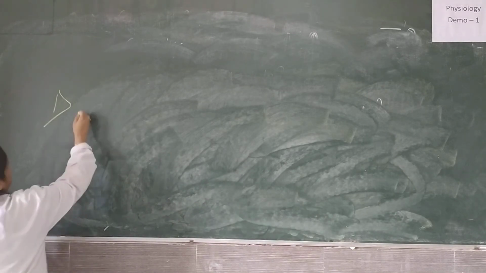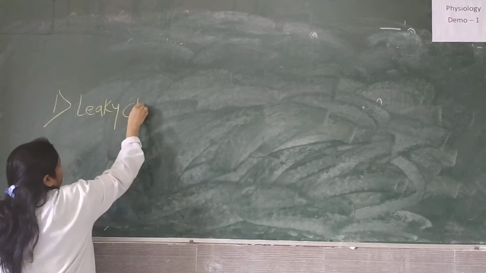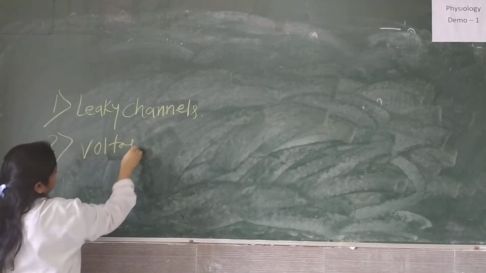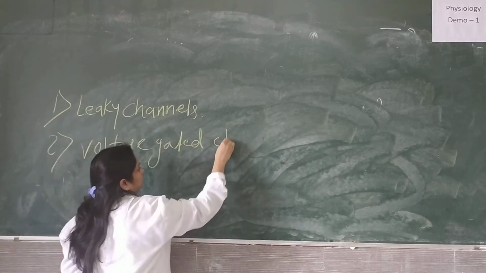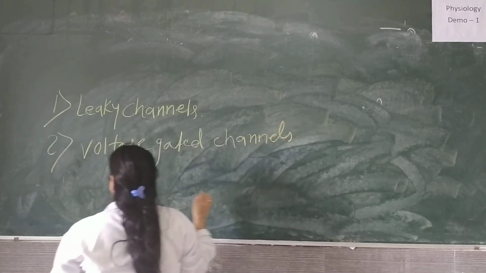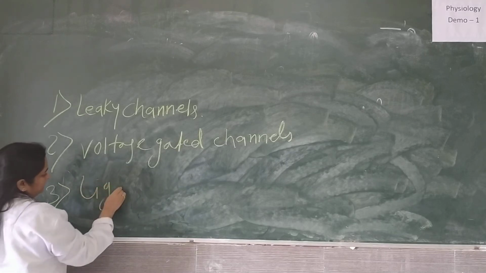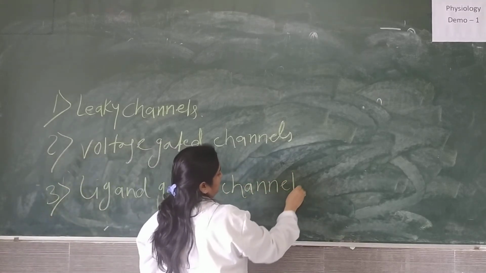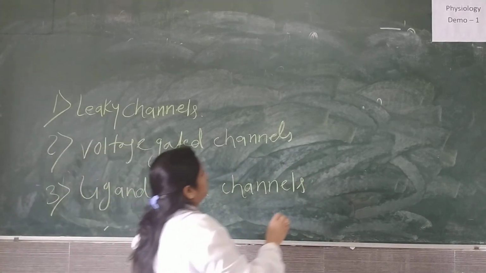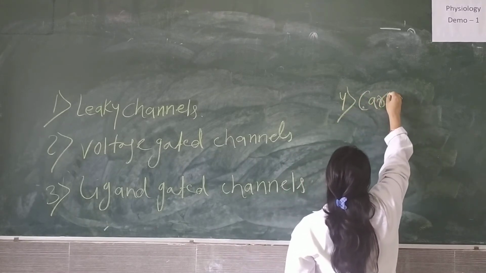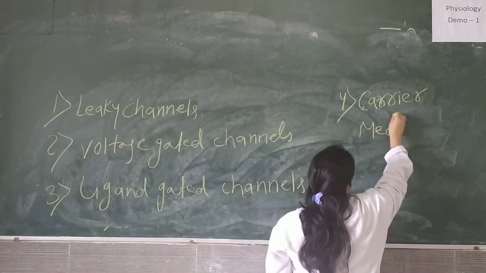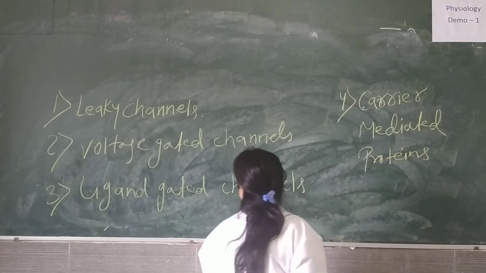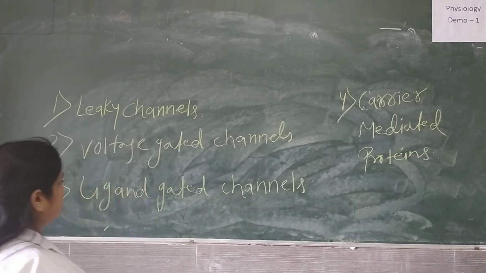The most important ones we will discuss are leaky channels, voltage gated channels, ligand gated channels, and then carrier mediated proteins. So first we'll talk about leaky channels.